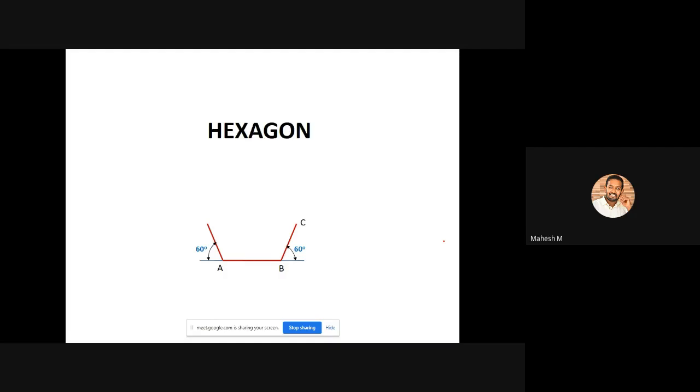Okay. So after doing this, you will get another 2 more points. Then you can create 2 vertical lines from points A and B. It does not have a dimension. Here also all 6 sides are equal. If it is a 30 mm hexagon, the length of line AB will be 30 mm, the length of line BC will be 30 mm, and the length of line AF will be 30 mm.